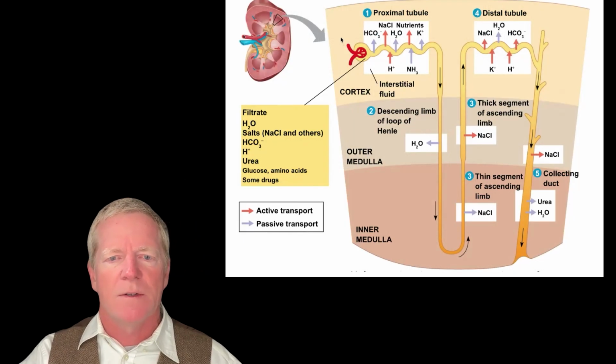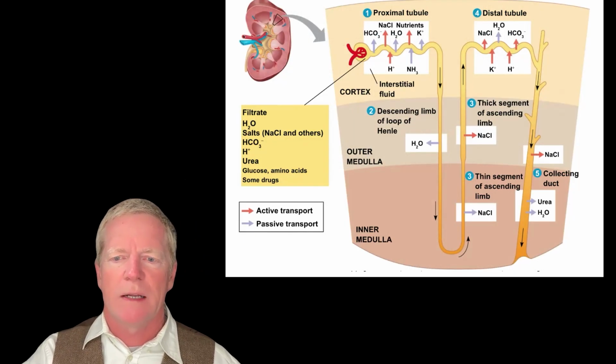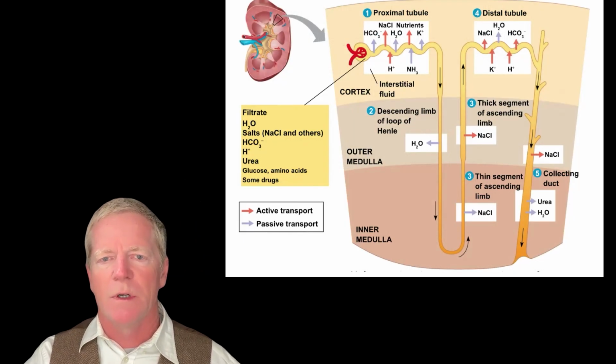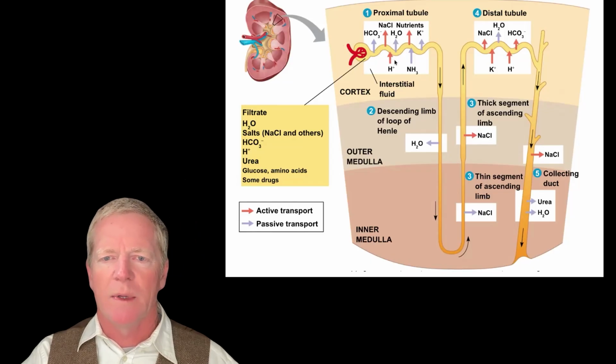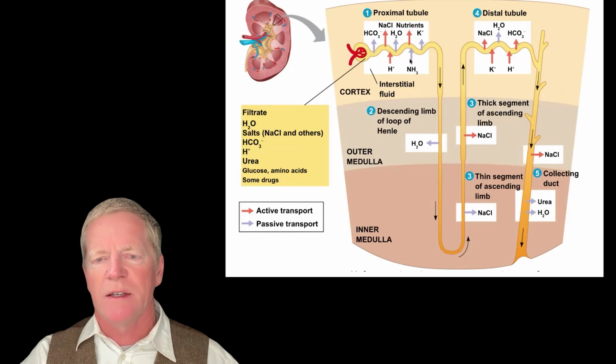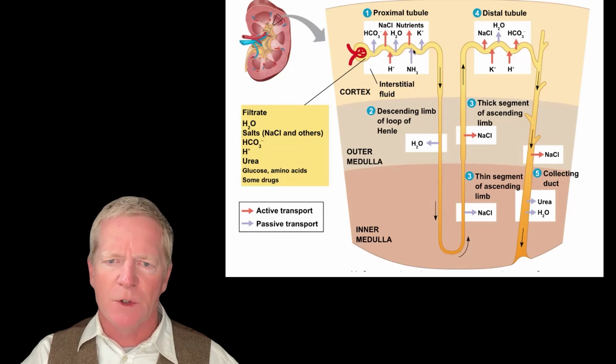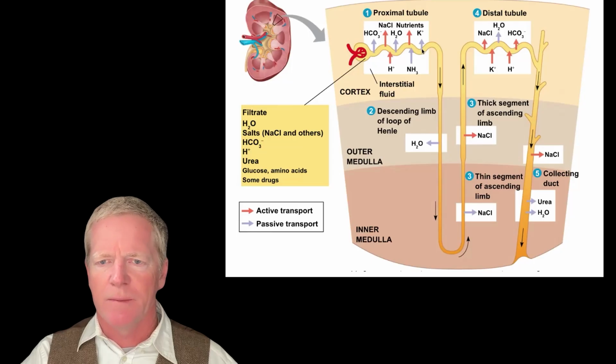Okay, so let's take a closer look at what's going on here in terms of active and passive transport. Blood is being filtered in the glomerulus. The proximal tubule is absorbing nutrients like glucose, amino acids, water, bicarbonate, and secreting at the same time into the filtrate waste products like urea.